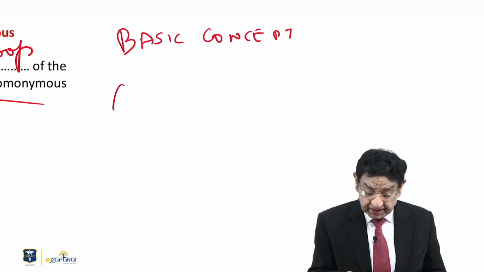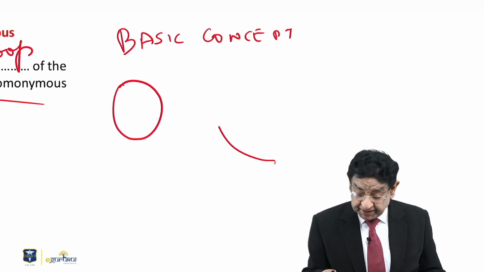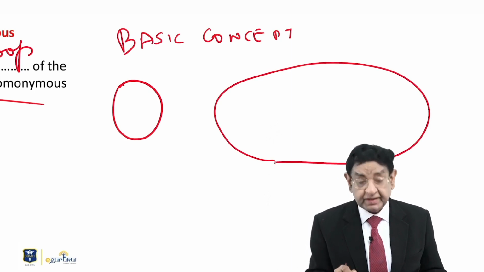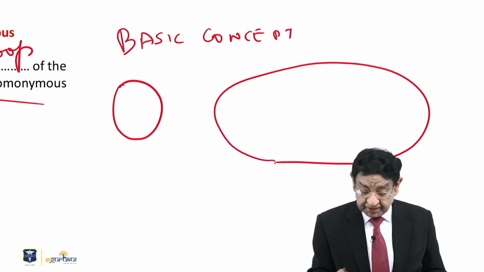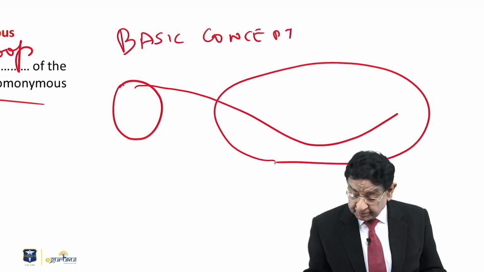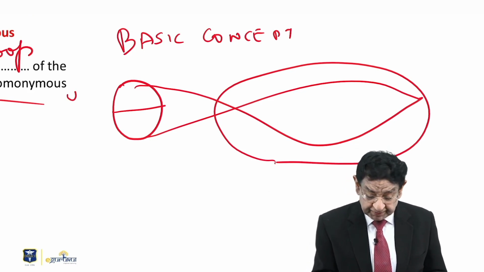This is the eye field and this is the brain. Ultimately, whatever goes from the optic nerve, this is the upper field, this is the lower field.